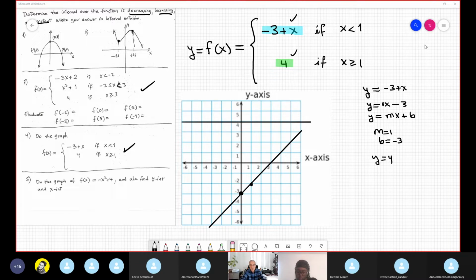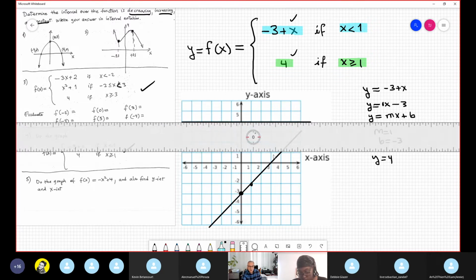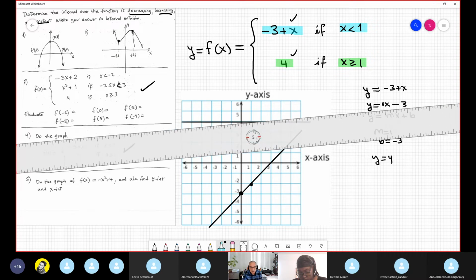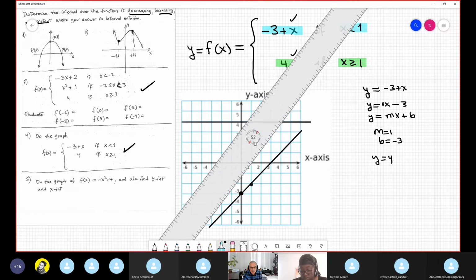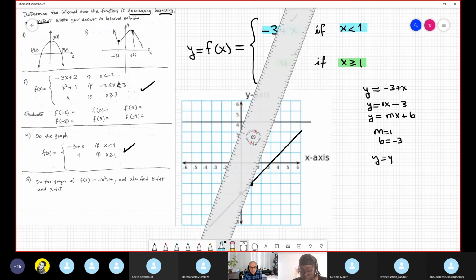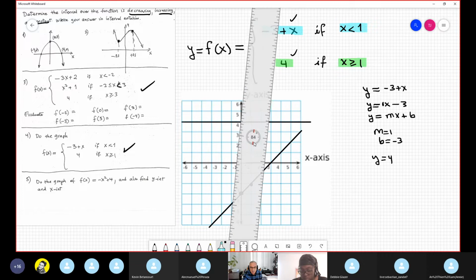Now, I see that the transition point is in 1. 1 here and 1 here. Therefore, to make clear this idea, I am doing one vertical line. Vertical line is 90 degrees, passing through 1. This is the line that splits the plane in 2 semi-planes, to the left and to the right.